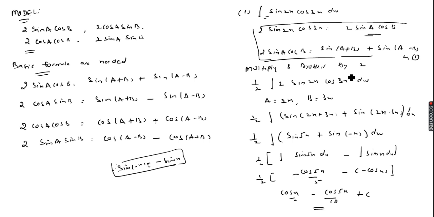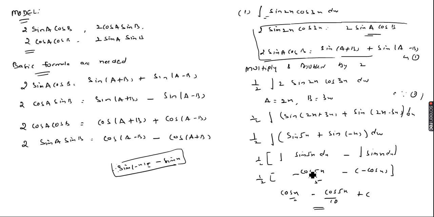So sin of a plus b is sin 5x, plus sin of a minus b, and sin of minus x is minus sin x, because sin is an odd function.